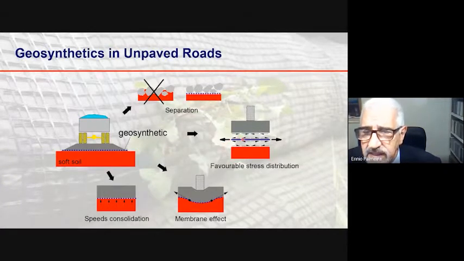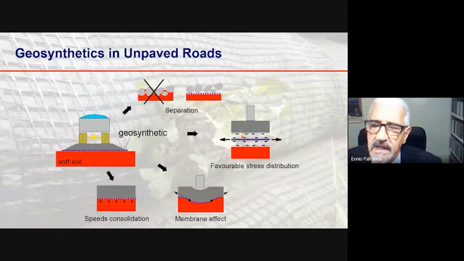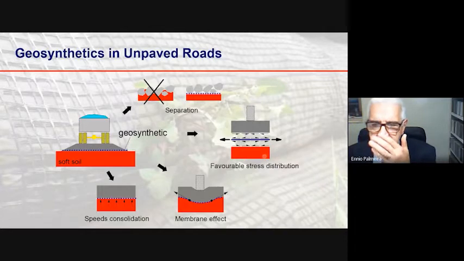The geosynthetic reinforcement also carries parts of the load that would be transferred to the foundation soil, so it provides a favorable stress distribution to the foundation soil, so it increases its bearing capacity.